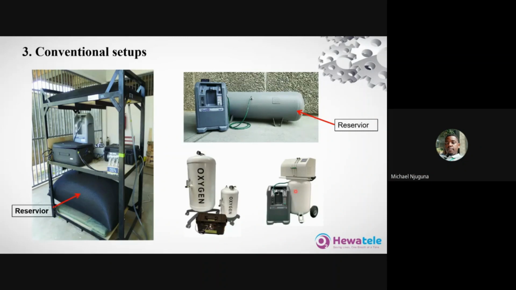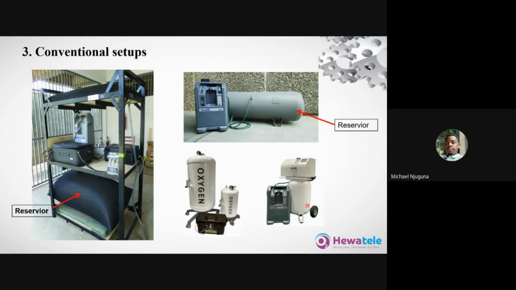On this other side, bottom right, is another conventional setup: a concentrator, a reservoir. The filling station also has flow meters which you can use to administer the oxygen. And this setup here is not used as a backup, but as a primary source.